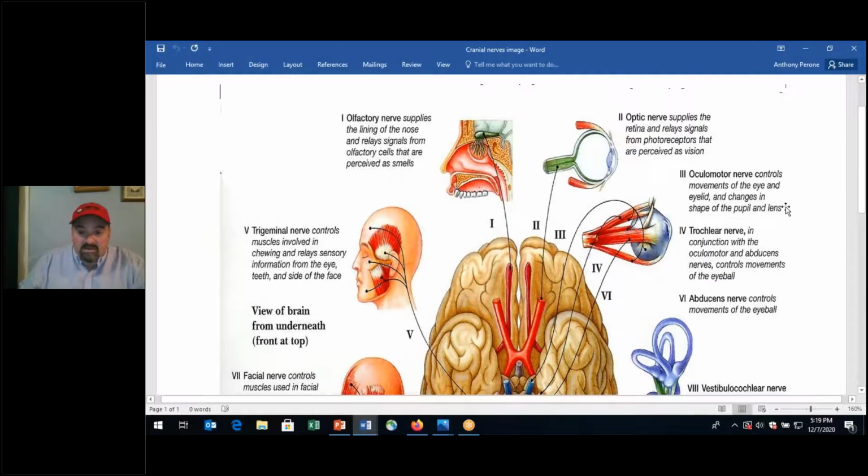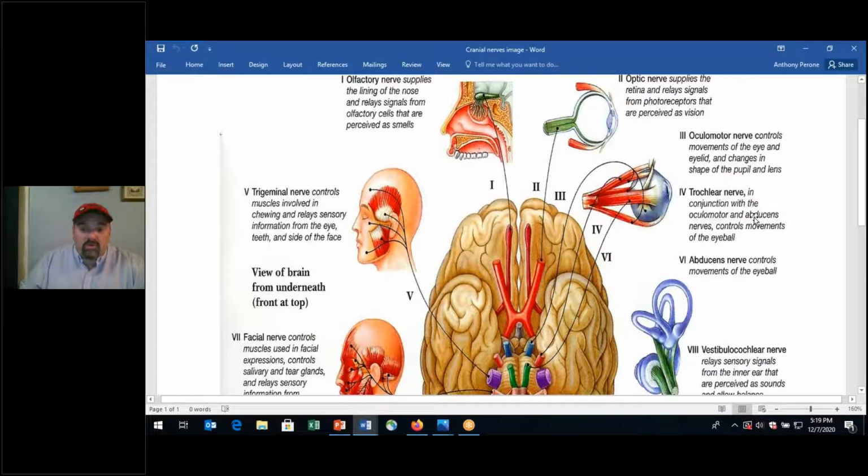Understood? Okay. So cranial nerve number 4, trochlear, in conjunction with the oculomotor and the abducens, 3 and 6, also helps control movements of the eye. And then abducens also. So all 3 of these cranial nerves are involved in eye movement. Okay?